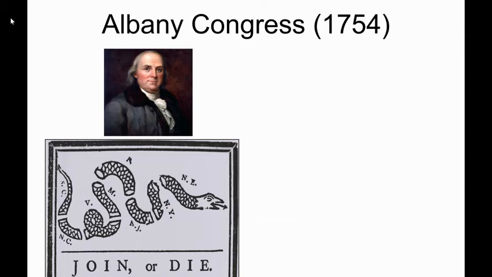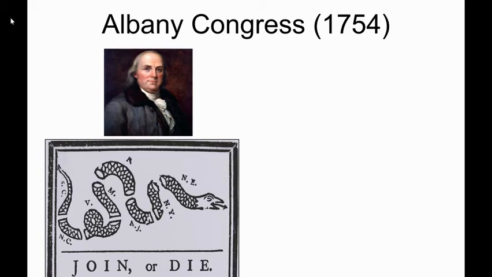During this time, we actually have some things going on the frontier where the Iroquois are feeling threatened, and the British actually invite the Iroquois to Albany, New York, along with colonial leaders, and they get together, and this meeting has been called the Albany Congress in 1754.